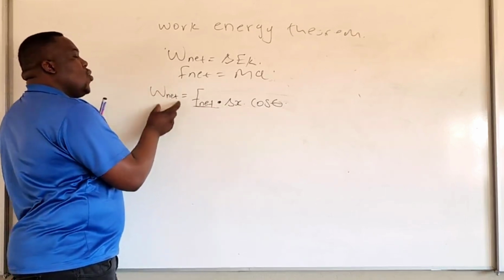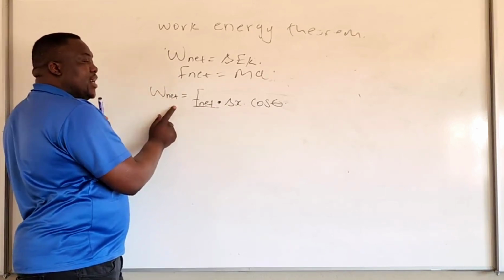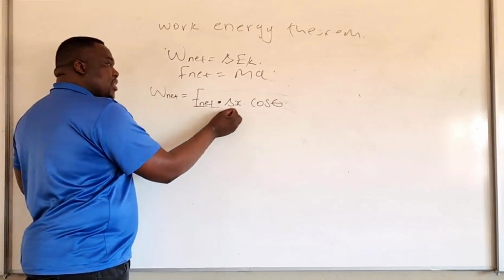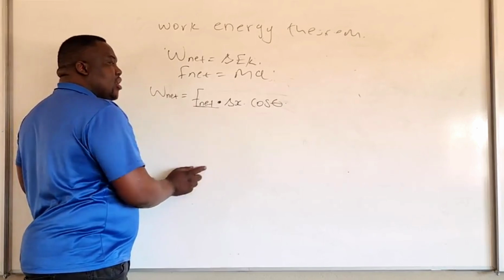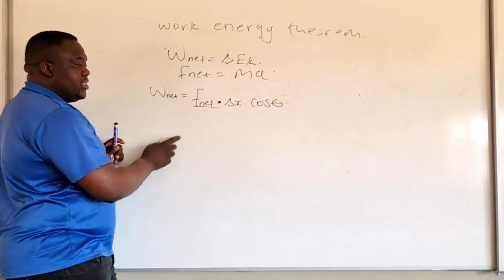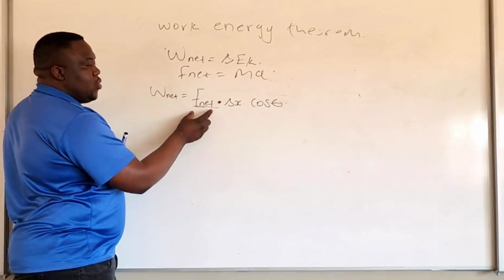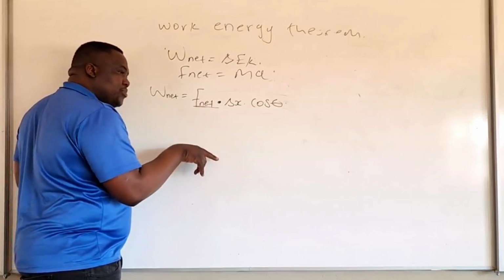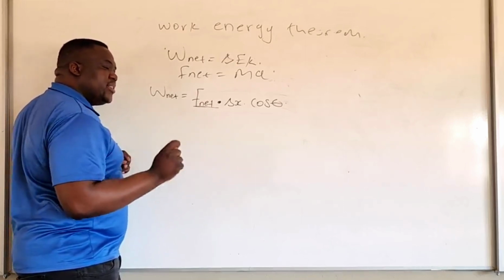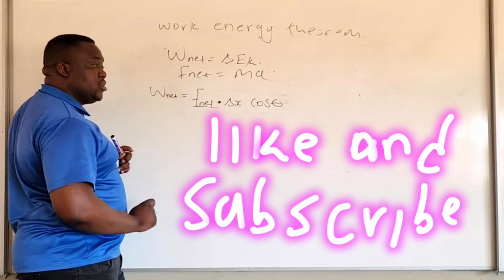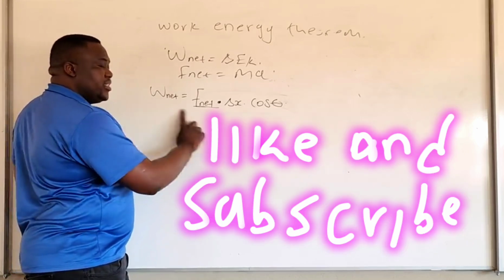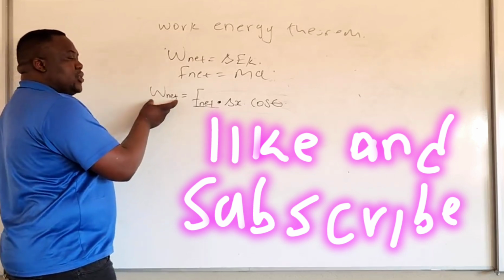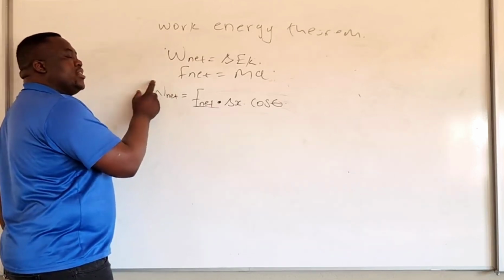You know that work is the product of the force and the displacement of an object. That is when we multiply the force which is acting on an object and the distance that force caused an object to move, that is the work done. So this time we're not just talking about the work done by one single force.